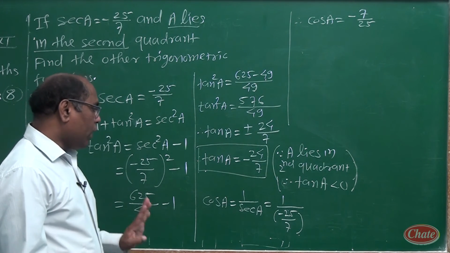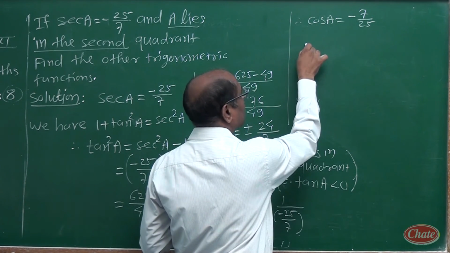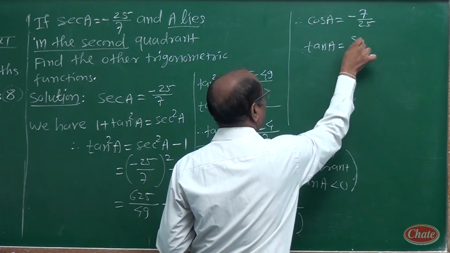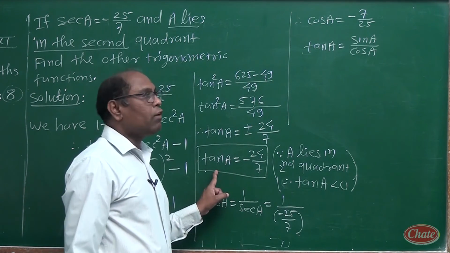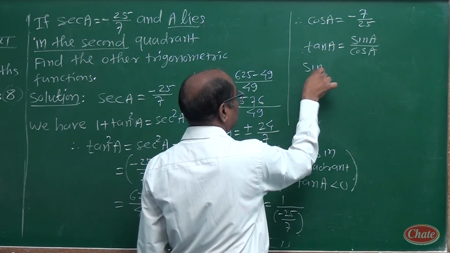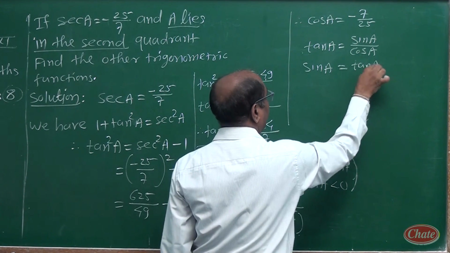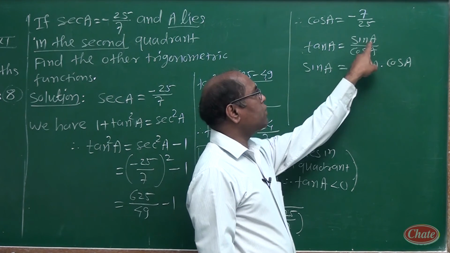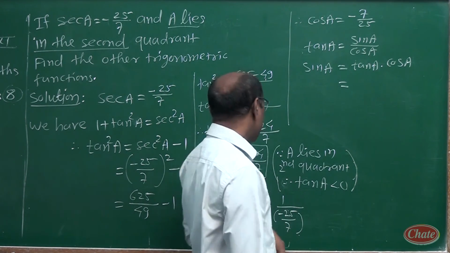Now we have to find out the value of sine. We know that tan A is equal to sine A upon cos A. So sine A is equal to tan A into cos A. What is the value of tan A?